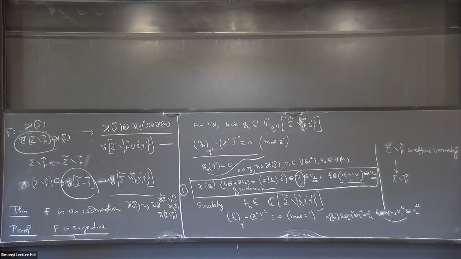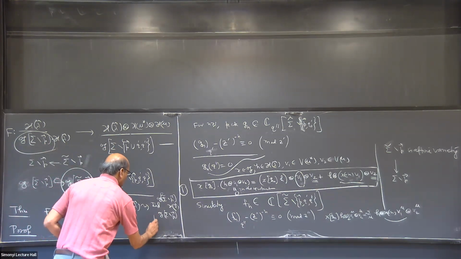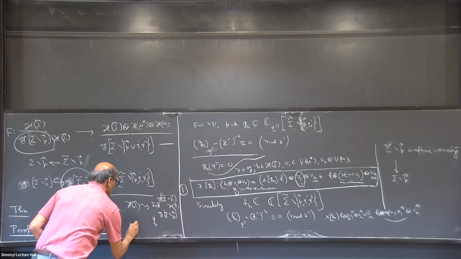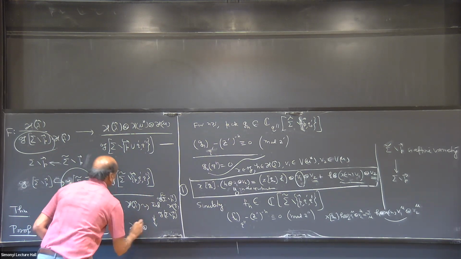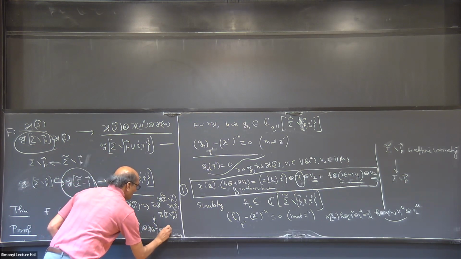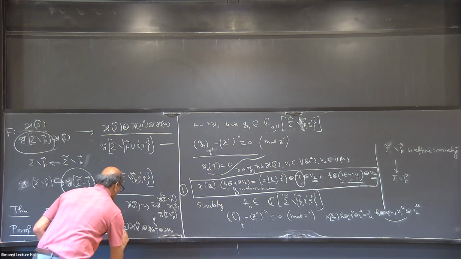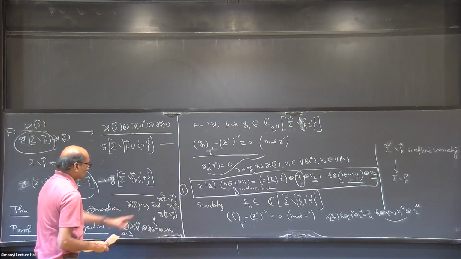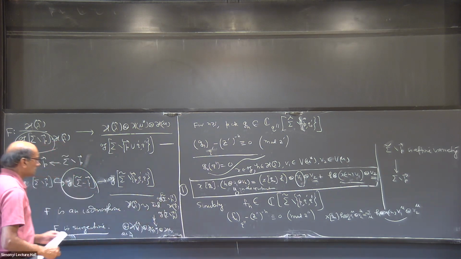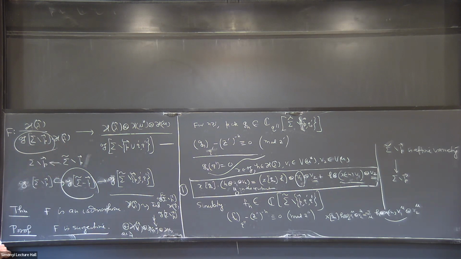Right. And now the question is, is there a map from here to this one? If there is a surjective map here, then we are done. Put not the H of mu's but the V of mu's there.